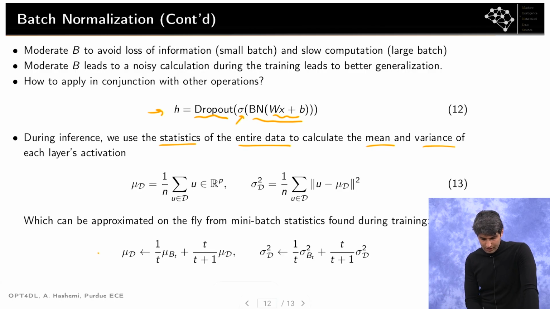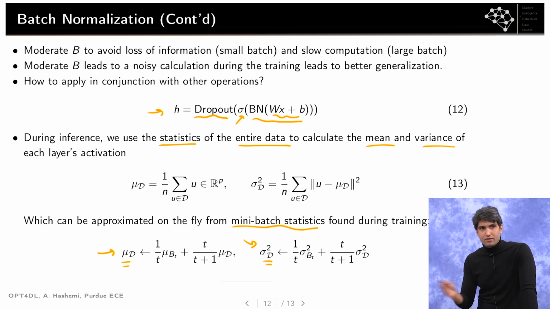In particular, we can consider moving averages that are constructed based on the mini batches that we are encountering during training. So as the training is done, these averages could be thought of as a good estimator of the entire data statistics. So this is basically batch normalization.